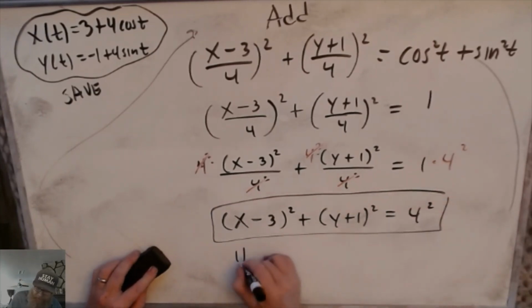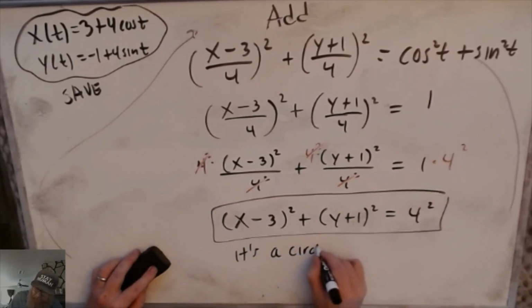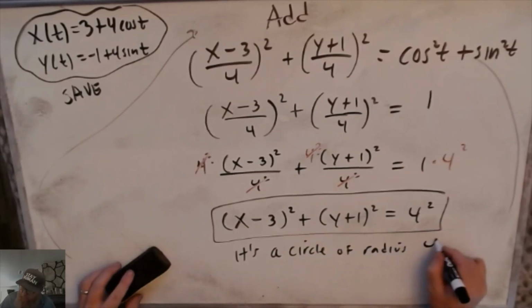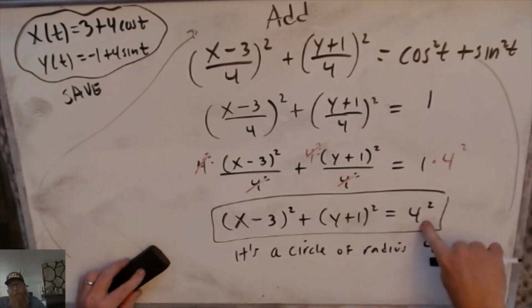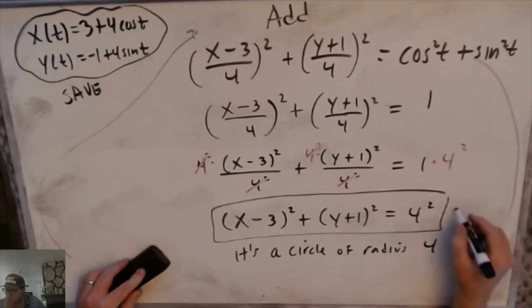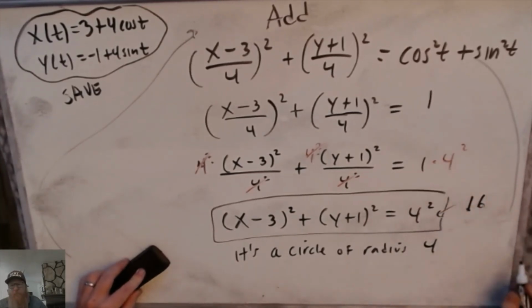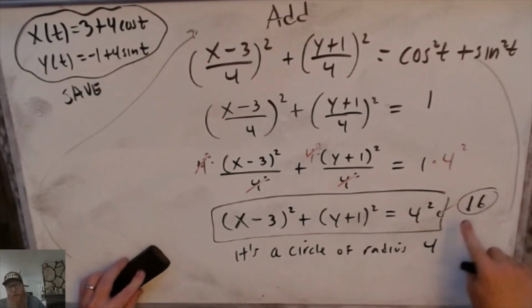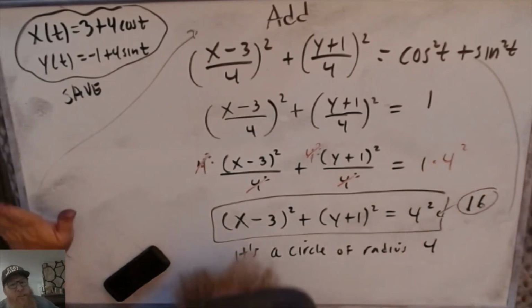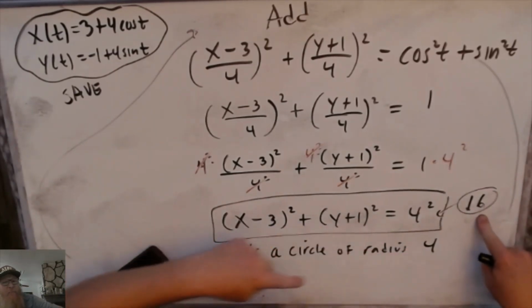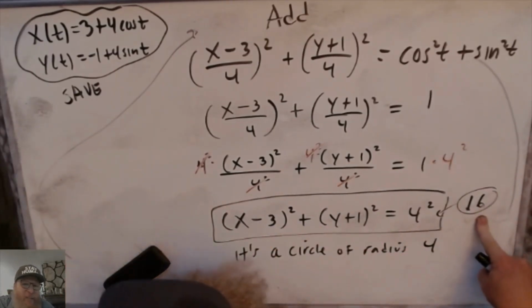Now you can see it's a circle of radius 4. Or you could say 16 instead of 4 squared. The problem with that, and maybe it's just unresolved issues from my other classes, whenever I say 16, I get students that will say the radius is 16.